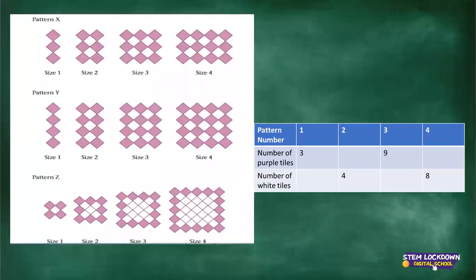We already have 16 for size 4. We have 1 unit of size 4, the second one, the third one, and the fourth. So we multiply by 4 because we notice that the constant is 4. 4 multiplied by 4, we get 16, that's size number 4.